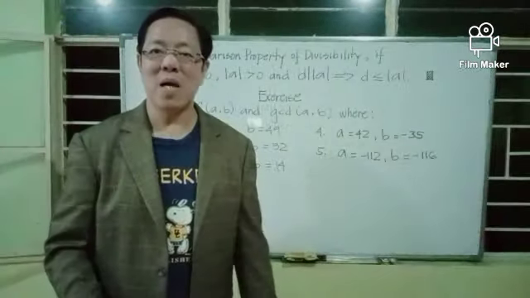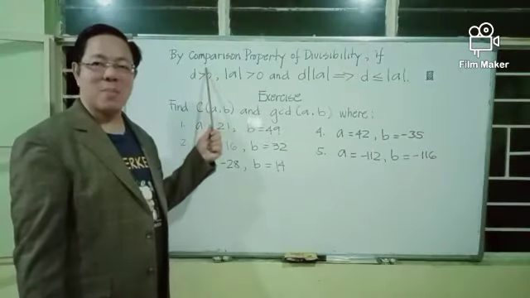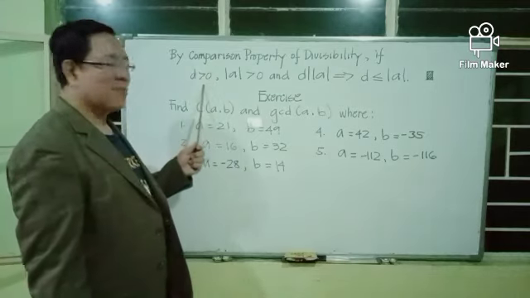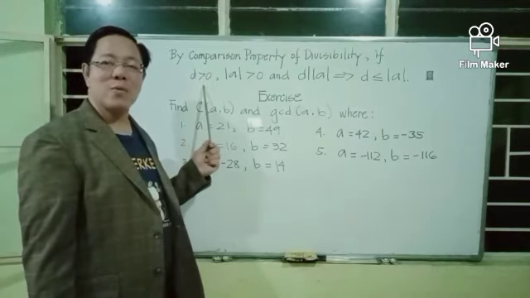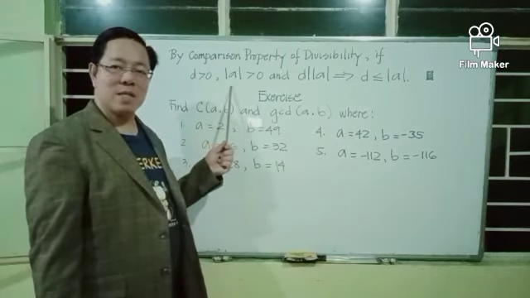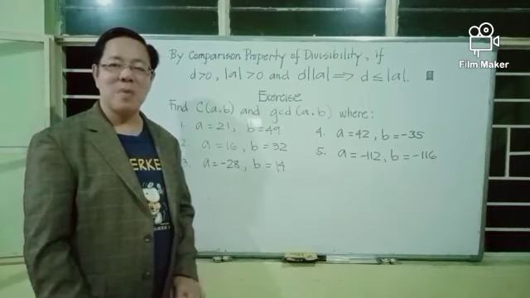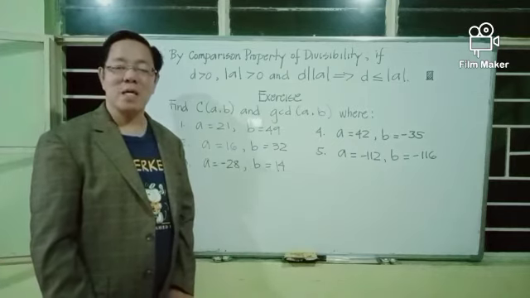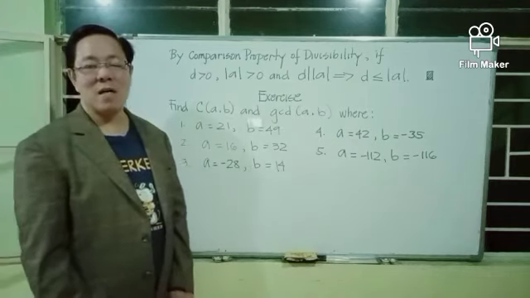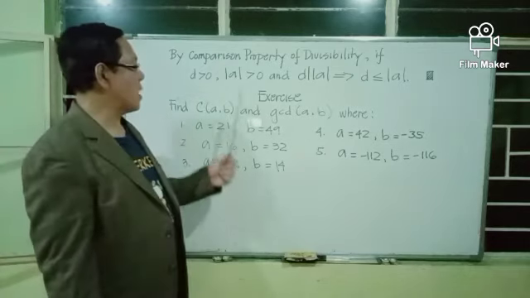State the final part of the proof. By comparison property of divisibility, if B is greater than 0, which is given, and the absolute value of A is greater than 0, which is true, because by definition of absolute value, the absolute value of any real number, in particular of any integer, positive or negative, is always positive.